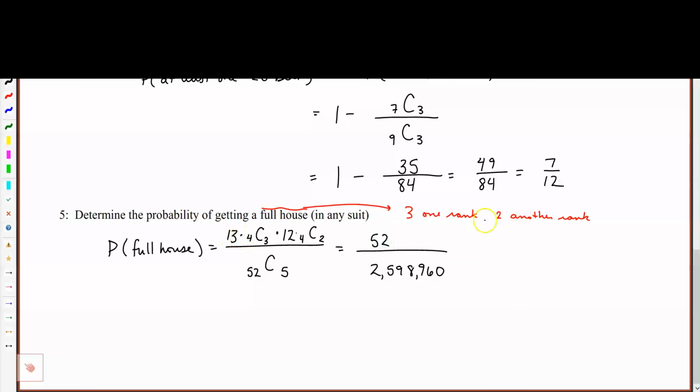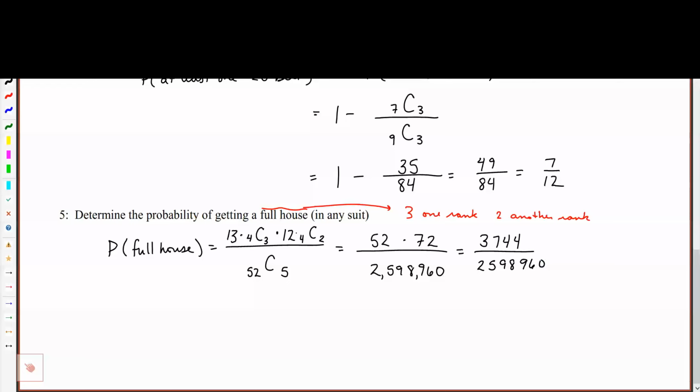For getting 2 cards of the other rank, this value right here would end up being 72. So to find out how many ways you can have a full house, we would multiply these together and you would get 3,744 ways of getting a full house out of the 2,598,960 possible poker hands.